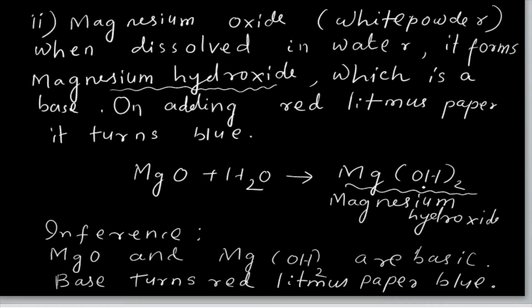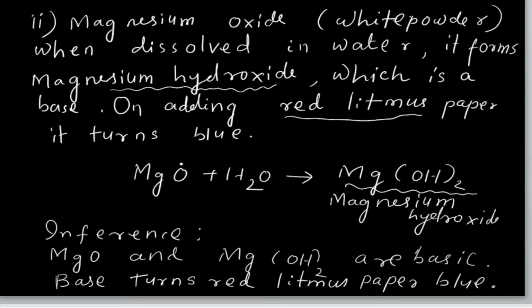Since it contains the OH group, it is a base. And we should know the main property of a base: on adding red litmus paper, it turns blue. That means a base is one which changes red litmus paper to blue. This is the main characteristic of a base.